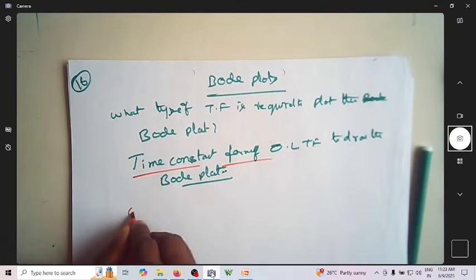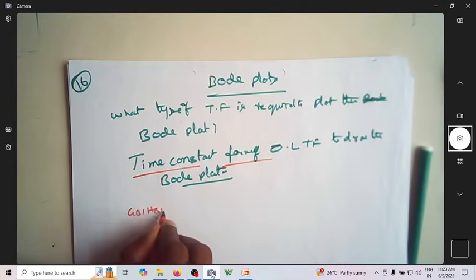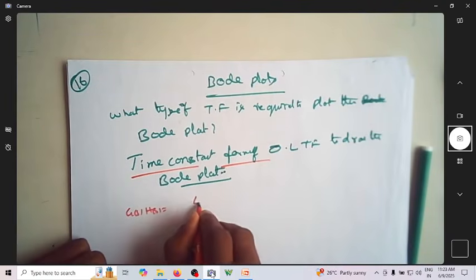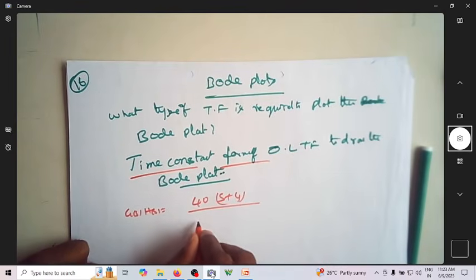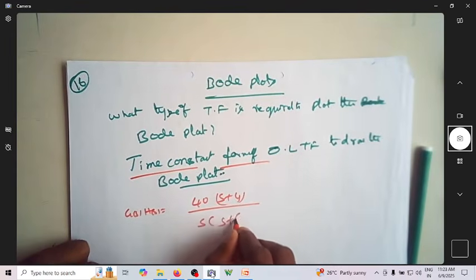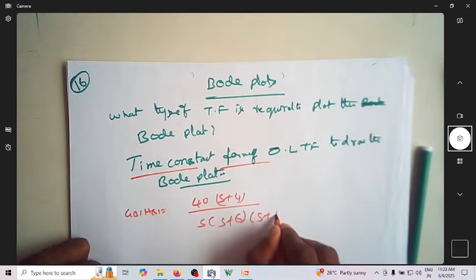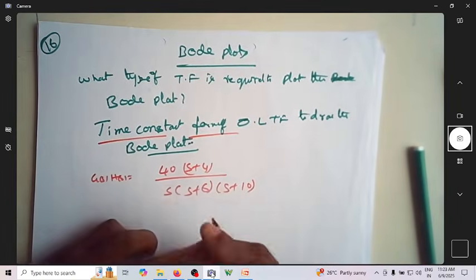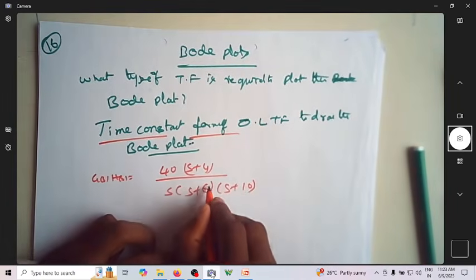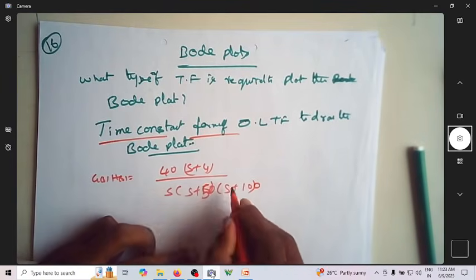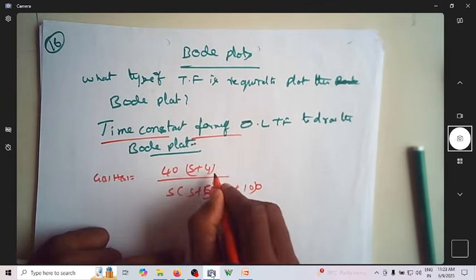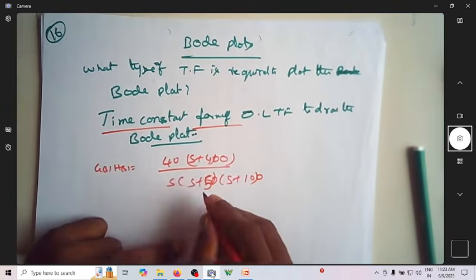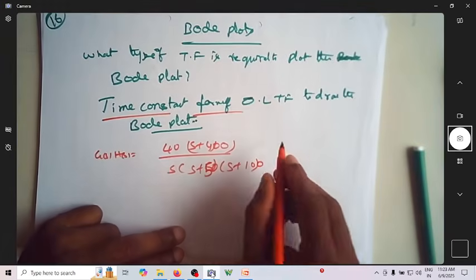Assume that you have a transfer function G(s)H(s) equal to 40 into (s plus 400) divided by s into (s plus 50) and (s plus 100).